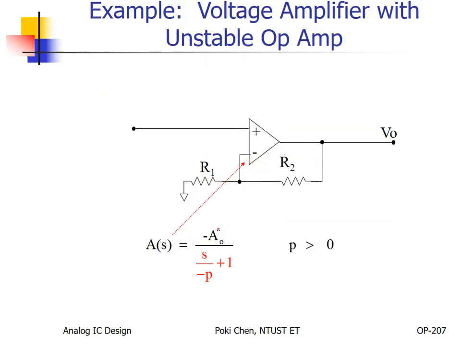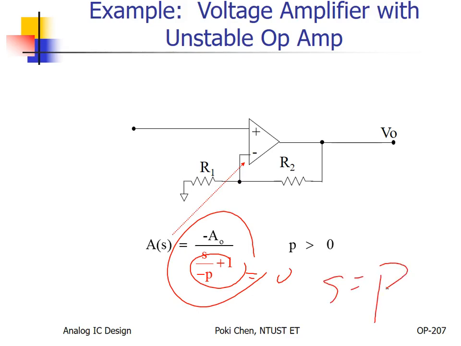Yeah, and then you can see, if the single pole is unstable, right? Where is the pole? You set this term to 0, then s becomes p. It is in the right half plane, right?